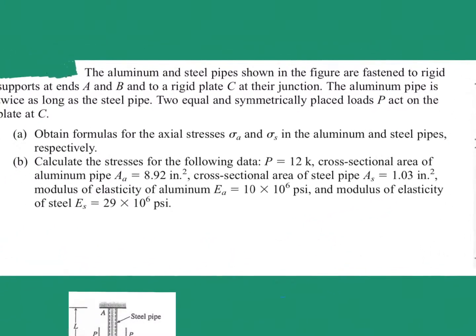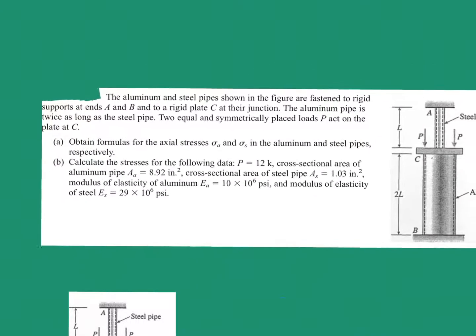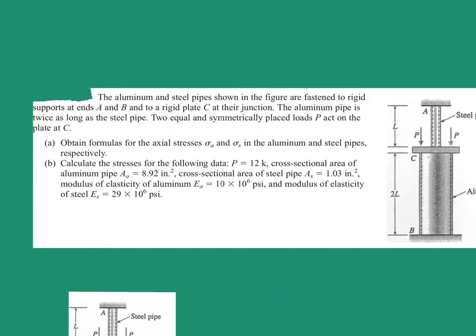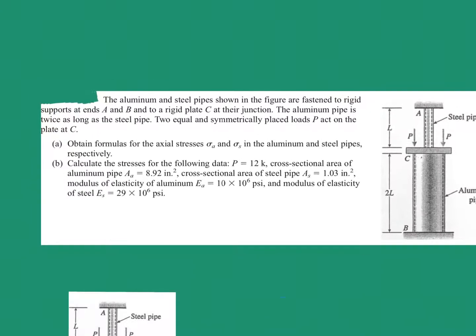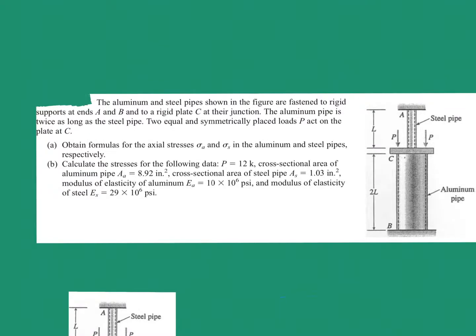So I request you to pause this video and read through the question very carefully, as I always say, because reading the question with full concentration will ensure you get the answer right, and you get to know what the other person is actually looking at.